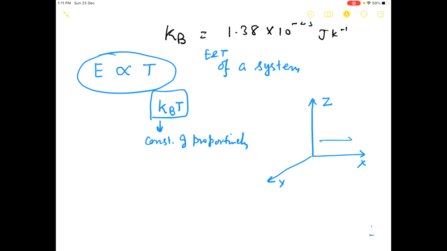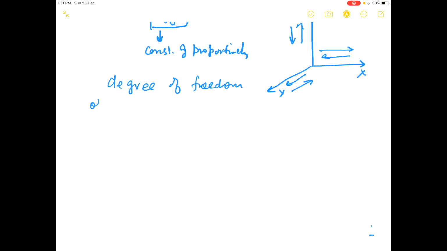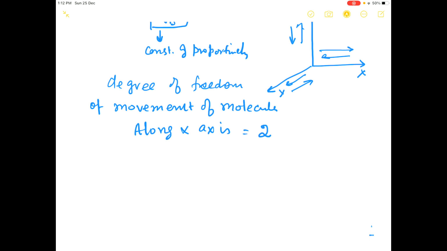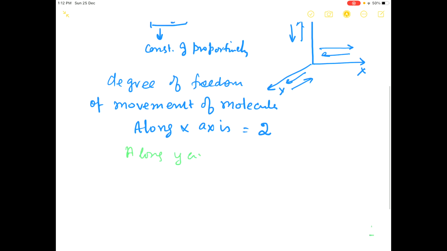So molecules are moving in this direction, in this direction, and so on. The degrees of freedom of movement of molecules along x-axis it is 2, along y-axis it is 2, positive y and negative y, and along z-axis it is 2.